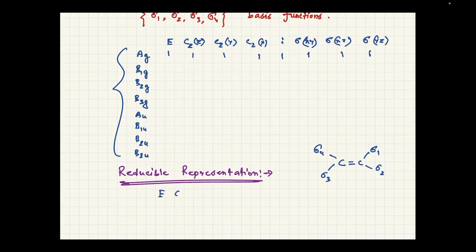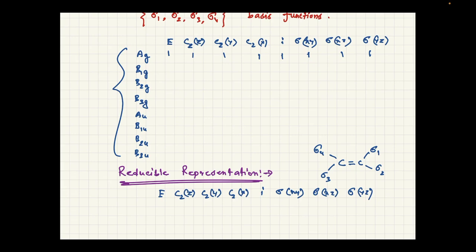So with E operation, E, C2Z, C2Y, C2X, I, sigma XY, sigma XZ, sigma YZ, right?